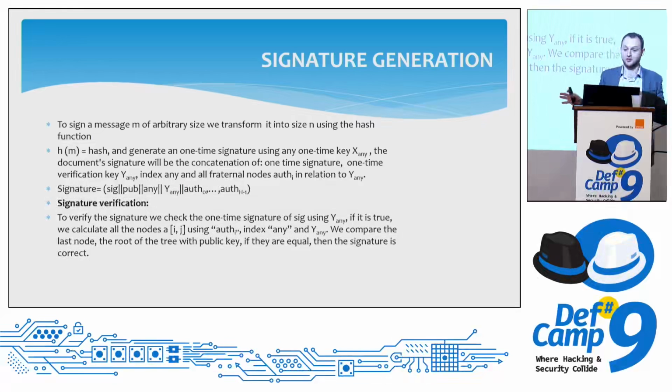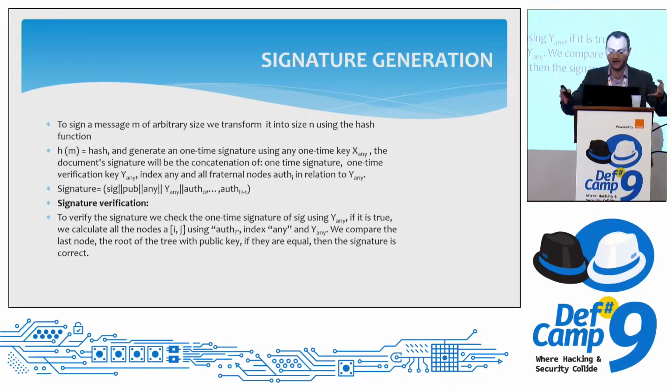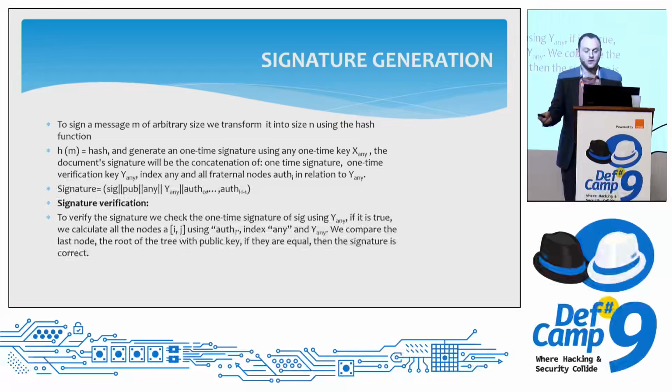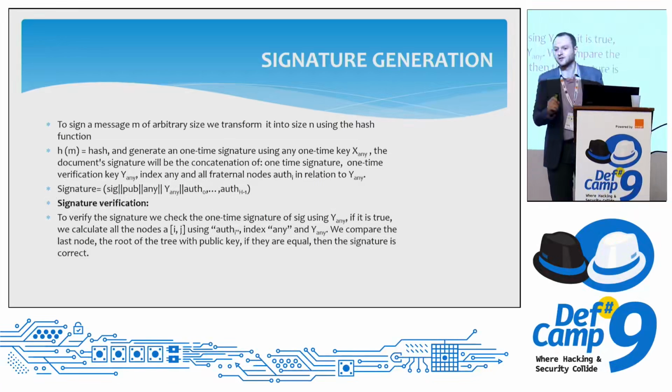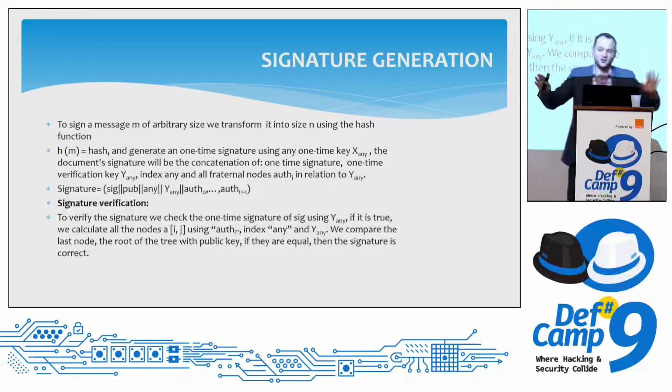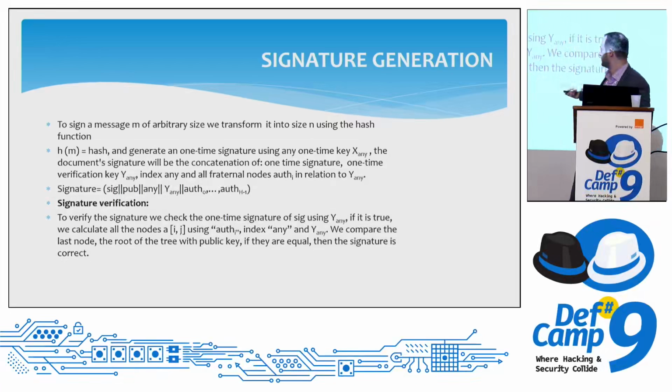So to sign the message, first of all, we hash it to reduce it to the size of n, and afterward we generate a one-time signature. As we saw in the previous algorithm, afterwards we choose one of the signature keys, any of them, for example x, let's call it with the index n, yes, here it is.